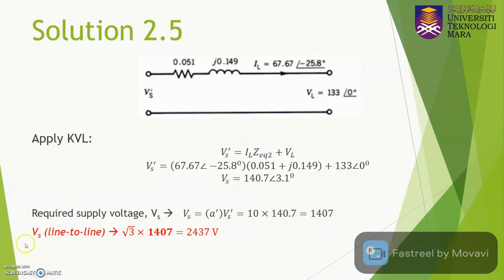This is the phase value, and then you need to convert into line to line value. Line to line value is square root 3 multiplied with 1407. Finally, the value is equal to 2437 volt. So that's how you calculate the required supply voltage for the transformer.